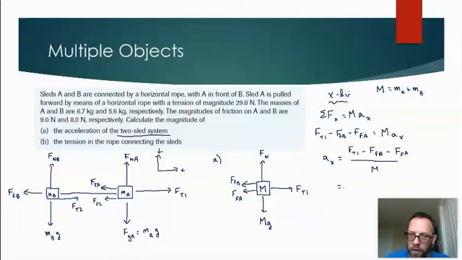So we're going to squeeze this in here. The first tension to the right was 29 newtons. And the two forces of friction on A and B respectively, I guess I put B first, would be -8, -9. And their combined masses would be 6.7 plus 5.6.